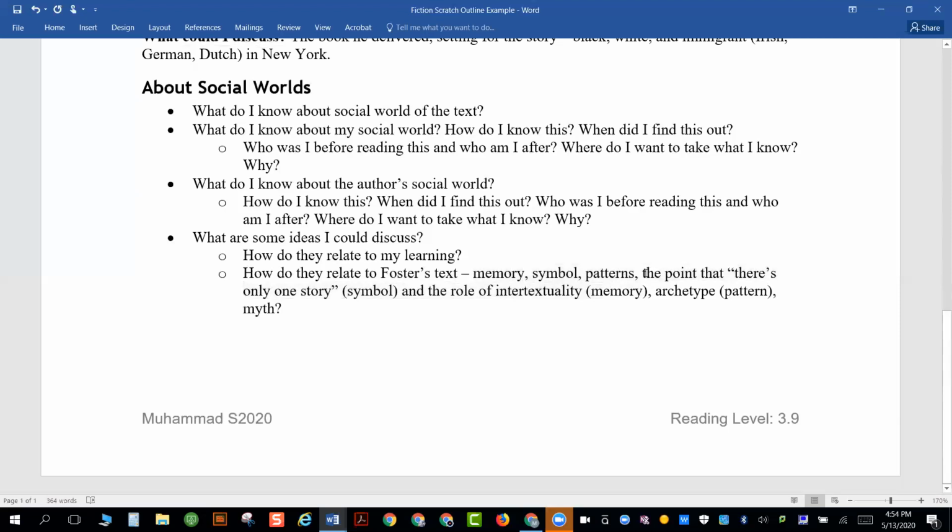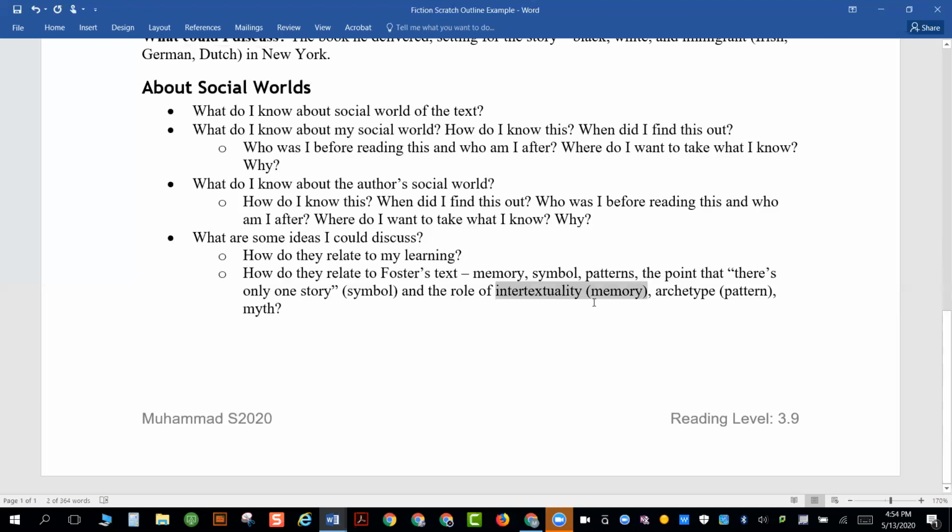And in the one story section, he tells us there is only one story. And in that story, he talks about symbolism. So that one story is a symbol for all other stories. And then he also talks about intertextuality, and I've paired that up with content from the introduction about memory.